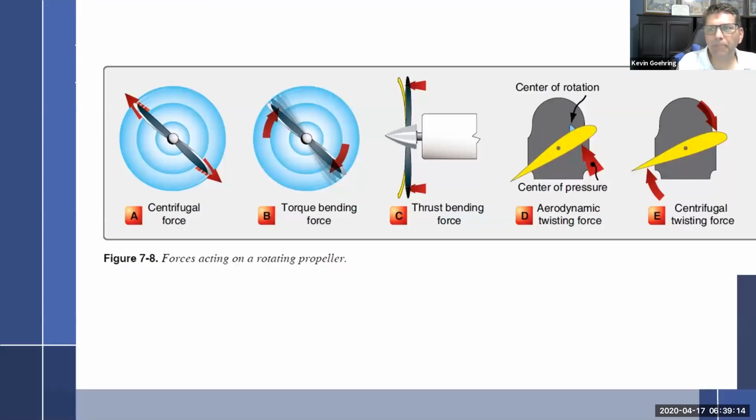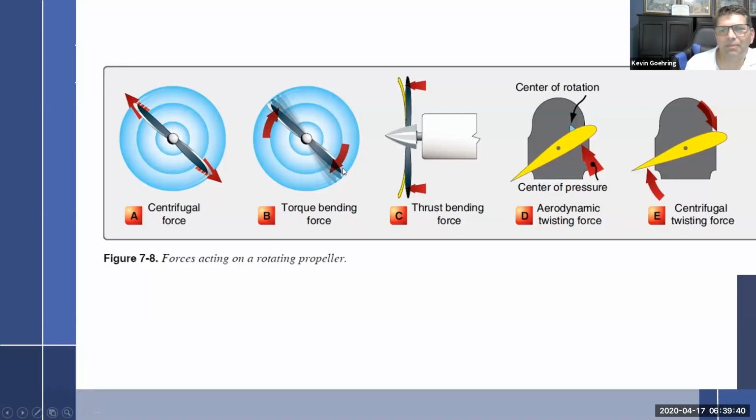So basically we have 5 forces here. I almost consider these two over here on the far right to be in their own category, because we're going to talk about them and use them a lot when we get into constant speed propellers. A, B, and C are just there.